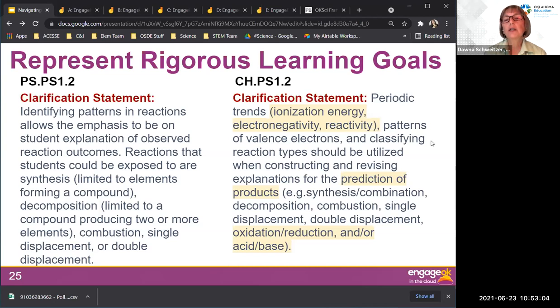For instance, in the periodic trends, we actually call out specific trends that you might not necessarily cover in a physical science classroom. It also, on the chemistry side, we discussed the prediction of the products and added some additional reactions. So again, to give chemistry standards a little bit more depth and rigor, those changes were made by the committee.